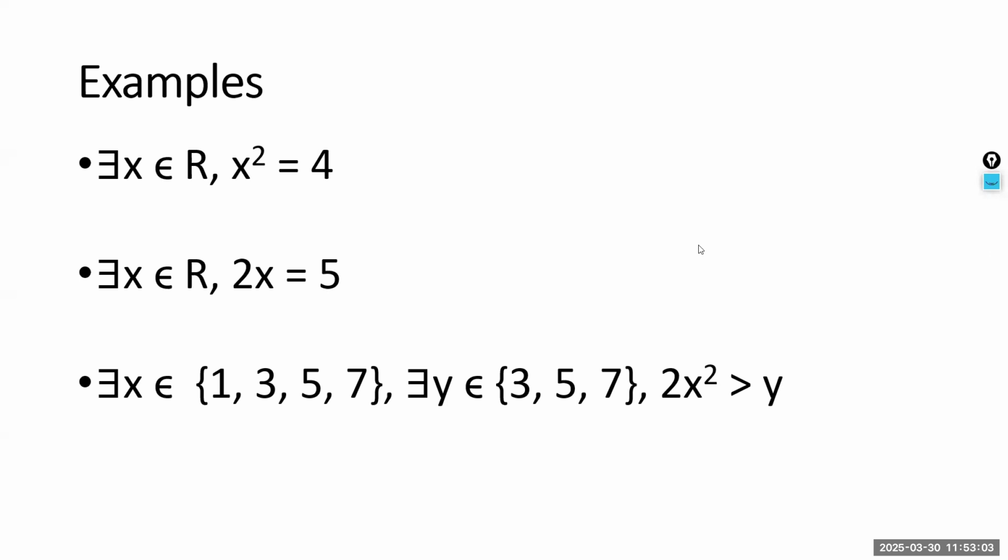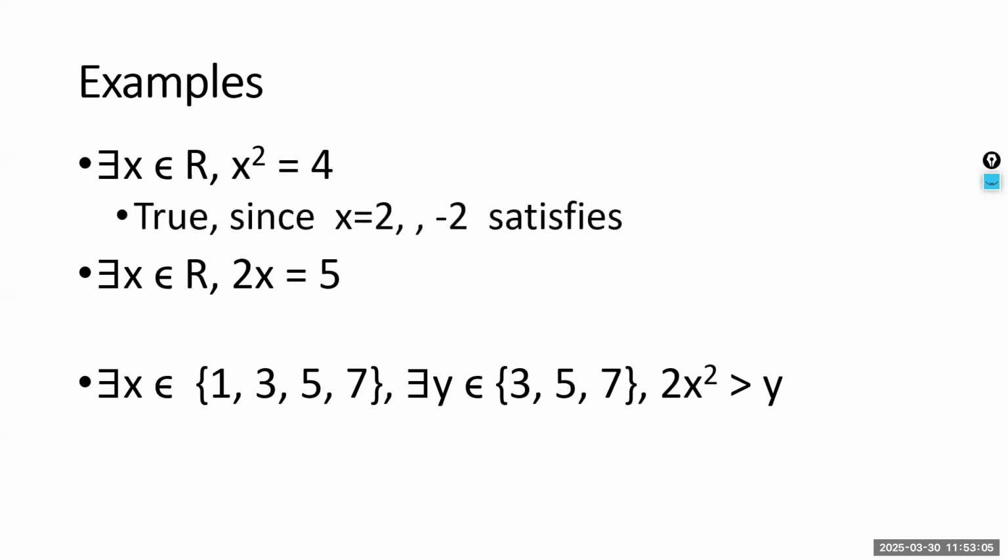So that is good enough. Second one: there exists x, a real number, such that 2x is 5. That is obviously true because there is a real number 2.5, and that is the only number that satisfies this, but having one number is good enough. So this is true.